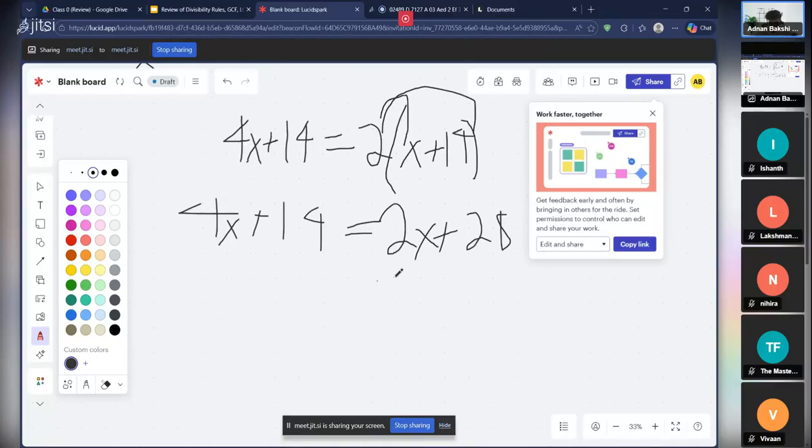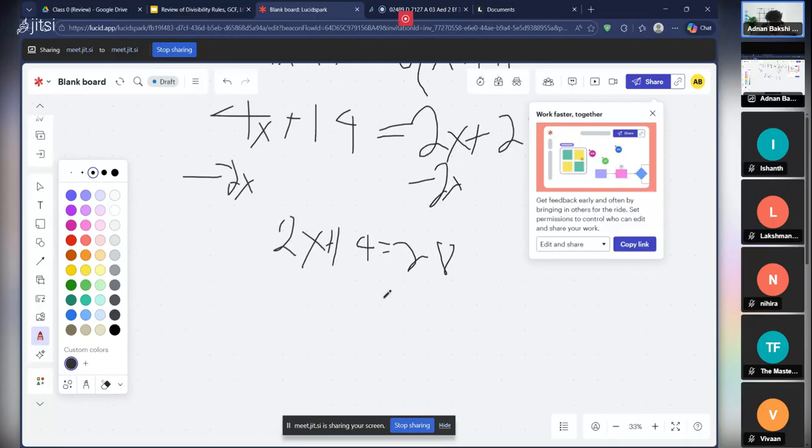Subtract 2x from both sides. You get 2x plus 14 equals 28. Then subtract 14 from both sides, you get 2x equals 14 and x equals 7.